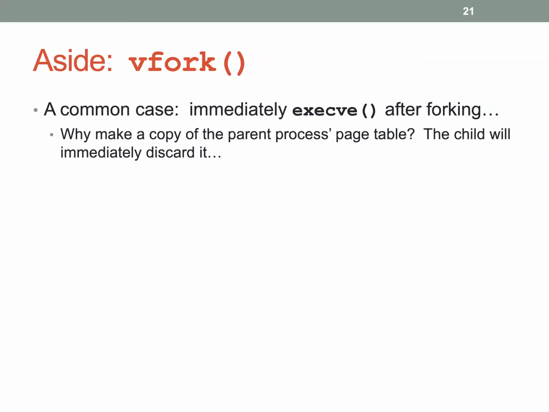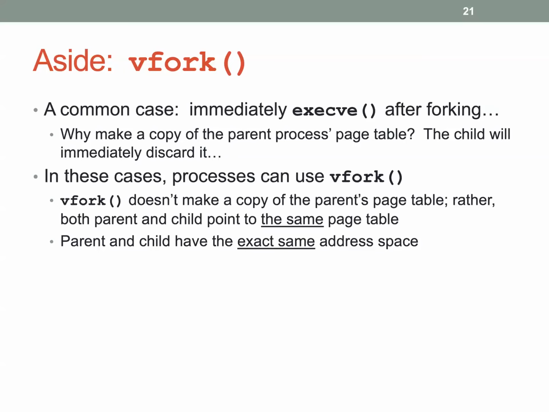I fork and then I exec. So if I'm just going to exec, which means I'm completely replacing the process's address space map, then I can use vfork instead of fork, and it will not create a copy of the original process's page table. So this will be faster.